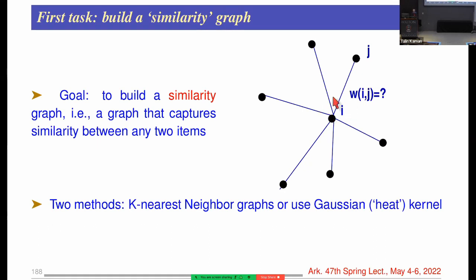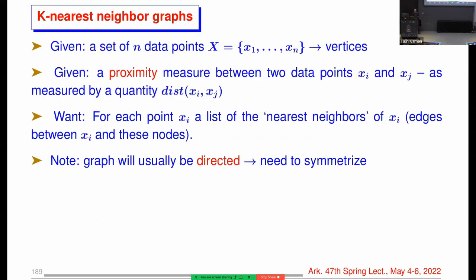The goal is to build a similarity graph between I and some points. Okay, so actually I don't know what these points are, the neighbors, but let's suppose I decide that I have some neighboring nodes here, and I would like to assign a weight for each of these edges. So I want to build a similarity graph, a graph that captures the similarities between two items.